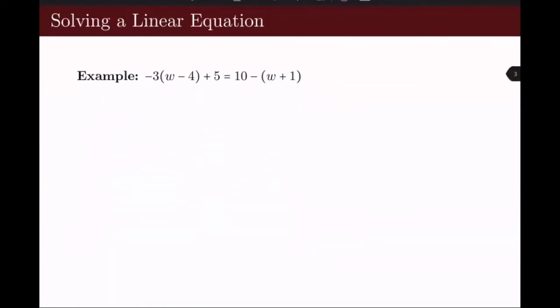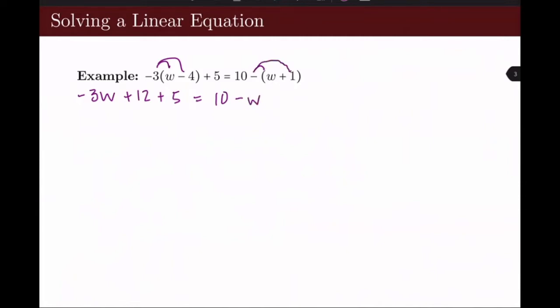Let's go ahead and solve this more complicated linear equation. We want to distribute anything outside of a parenthesis. So negative 3 times w is negative 3w. And then negative 3 times negative 4 is positive 12. Plus 5 equals 10. And now we want to also distribute this negative. So this is minus w.